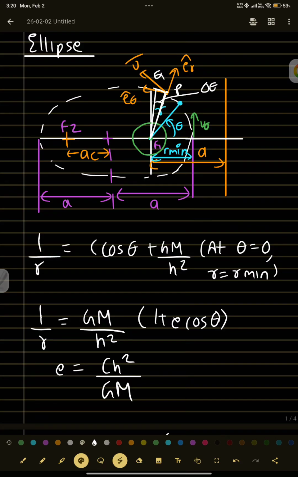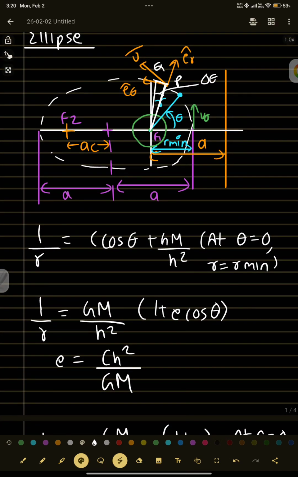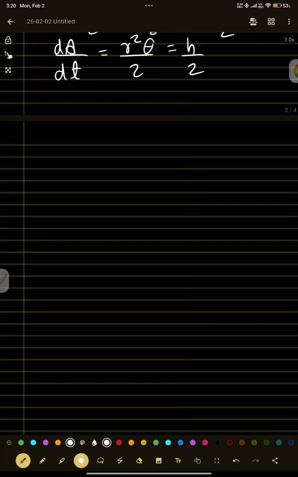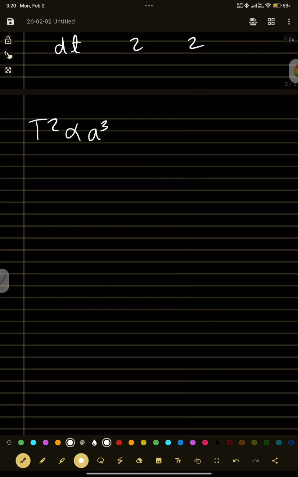Then Kepler also said that the square of the time period must be proportional to the cube of the semi-major axis. Now here you have to understand a few things. You have to use this equation, let me call this equation 1.